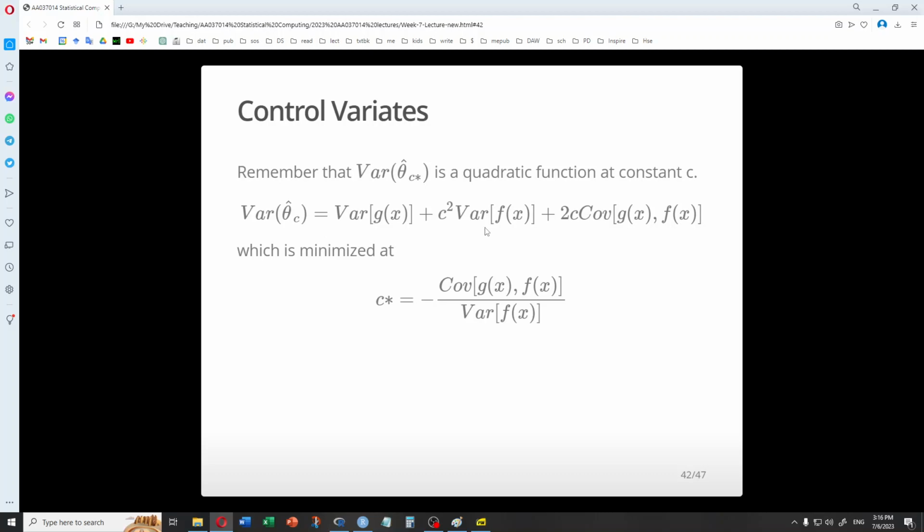If we solve this for c, we have negative covariance of g(X) and f(X) divided by the variance of f(X), and this is when the variance is minimized, at c star.